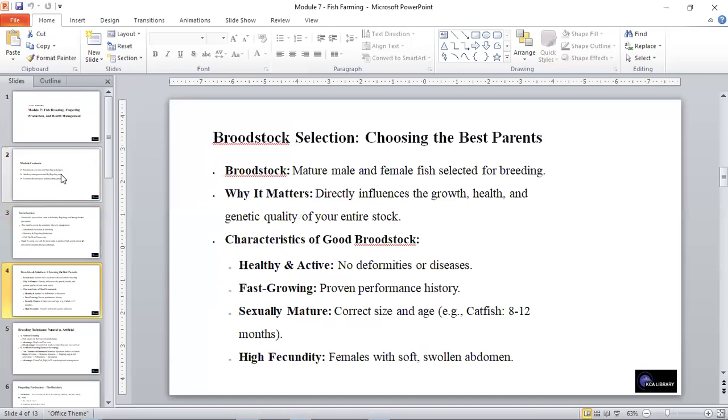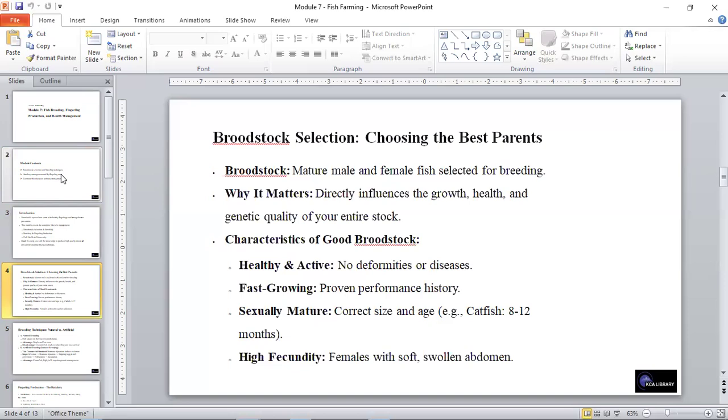Broodstock selection. This involves choosing the best parent, that is, the matured fish needed to reproduce a younger one. So matured male and female fish are needed to be selected for breeding.